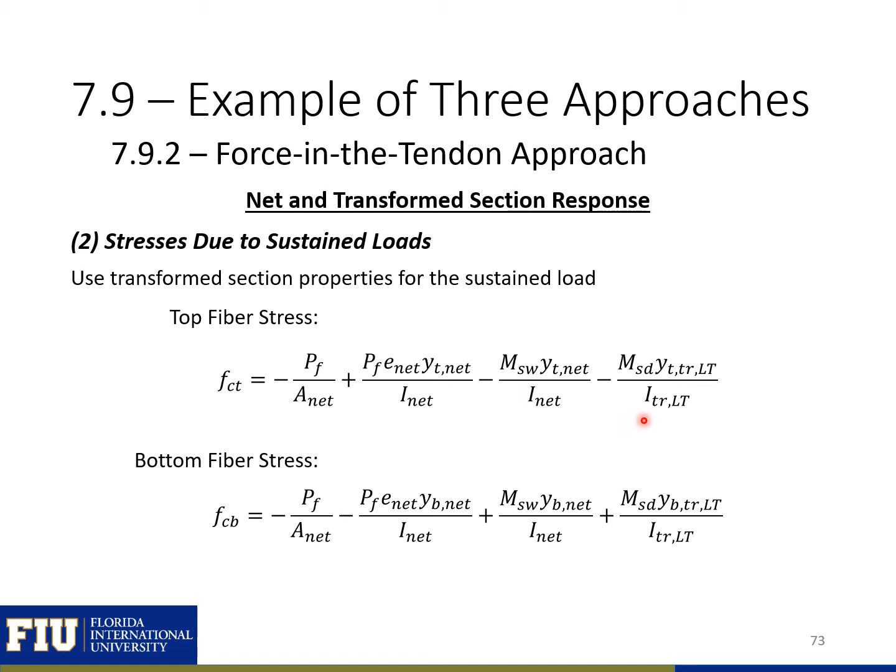And now we have an additional term here for the stresses from our superimposed dead loads or our sustained loads. And here, because it's an externally applied load and it's a sustained load, we'll use our long-term transform section properties. So you can see that component there, and then also we added on with our bottom fiber stress as well.